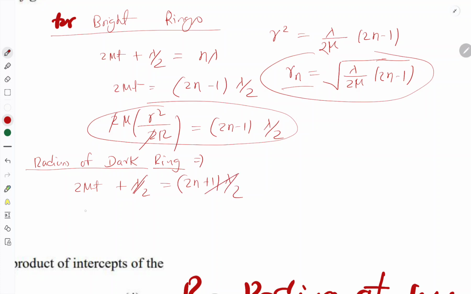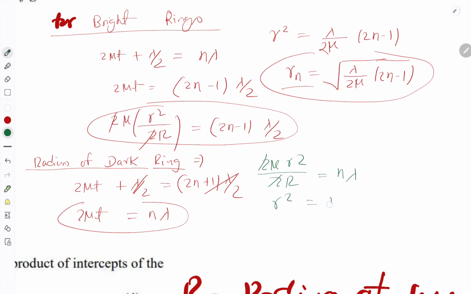So lambda by 2 cancels out, so you get 2 mu t is equal to n lambda. Put the value of t out here, so you get 2 mu r square by 2R is equal to n lambda. So again 2 and 2 cancel out, so r square equal to n lambda R by mu. Since mu is 1 for air, I already told you, put the value of mu equal to 1.